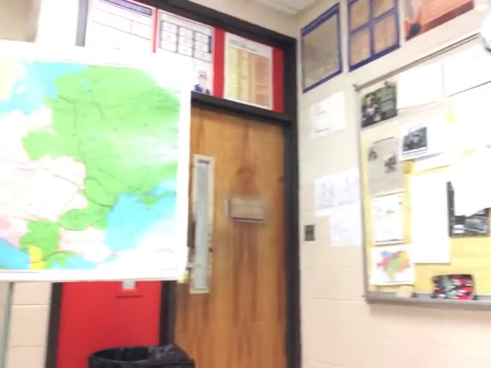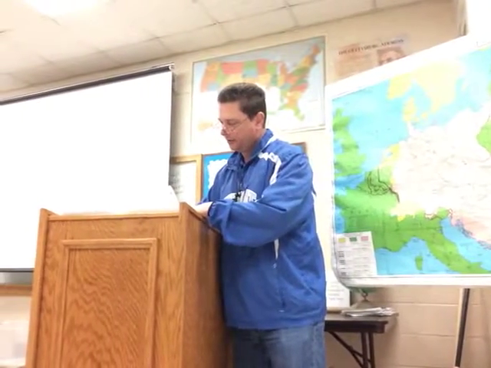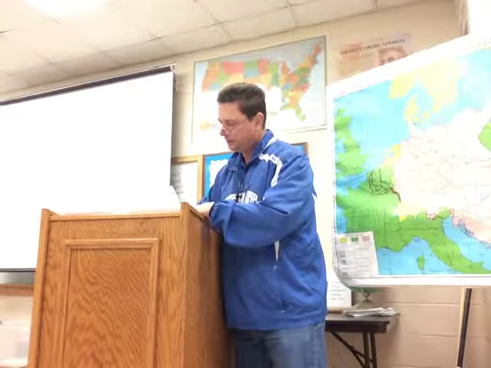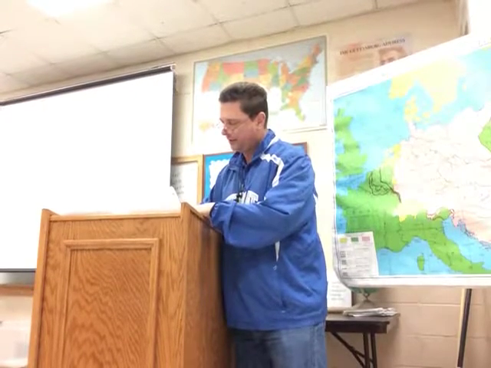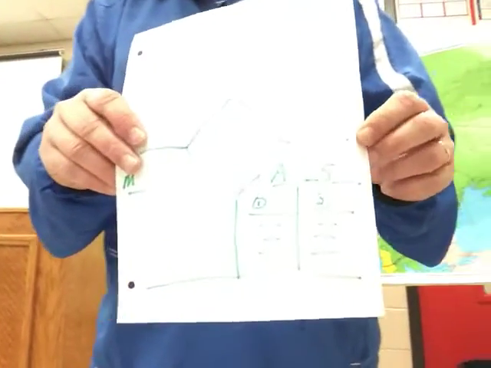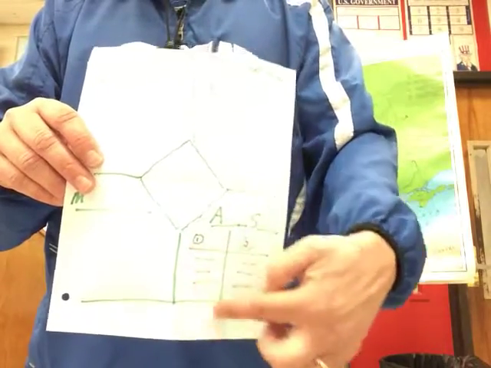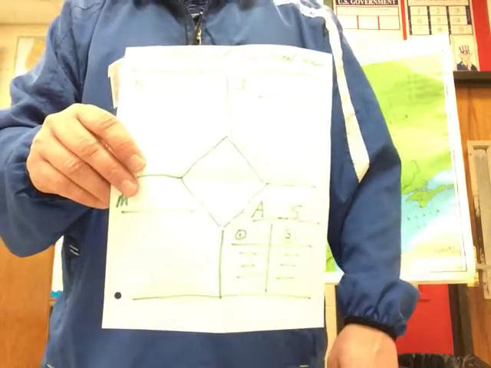Also, when we get to the bottom here, you're going to have two alliances. Oh, I already kind of gave that away, didn't I? You're going to list both alliances and then the major countries that were in those alliances.